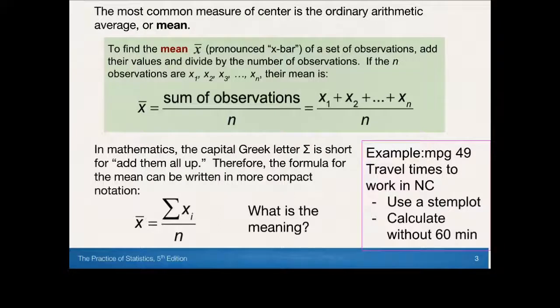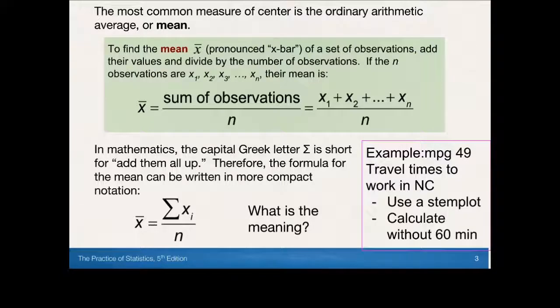Let's look at the example on page 49. This has to do with the travel times to work in North Carolina. There's a stem plot, so we know how to look at that. On the next page, page 50, it takes that stem plot and calculates the mean time for all 15 workers.